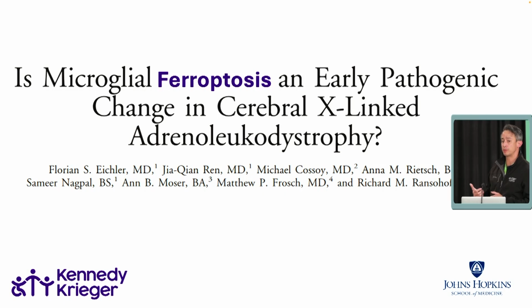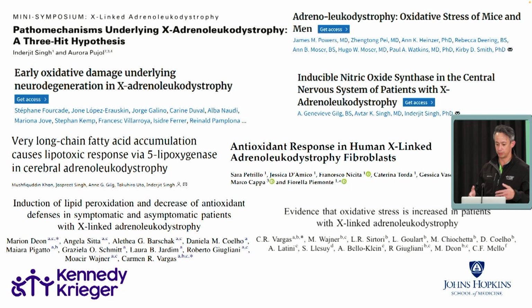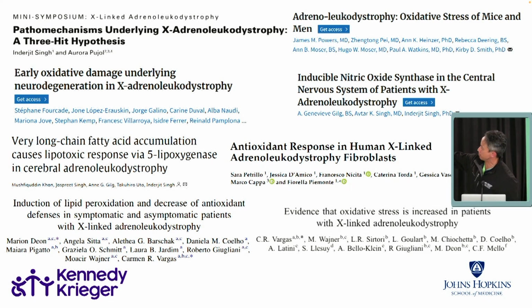What do we know about reactive oxidative species, oxidative stress, and lipid peroxidation in ALD? I didn't think we knew that much, but of course, the people in this room did this biochemistry 10, 15 years ago, and were way ahead of the game. This one paper in particular, Adrenoleukodystrophy, Oxidative Stress of Mice and Men by James Powers, talks a lot about oxidative imbalance in patients with cerebral disease.